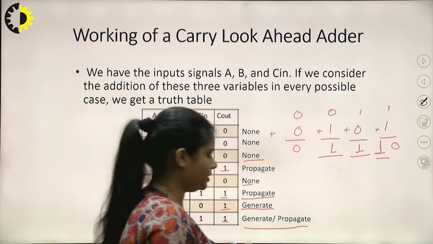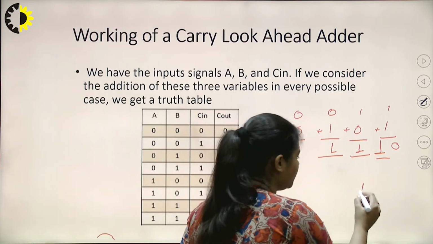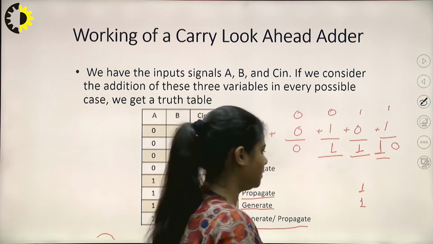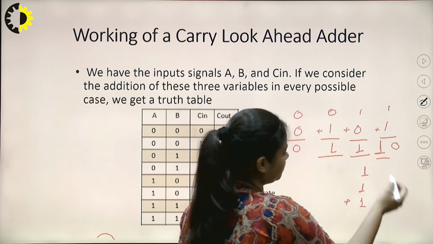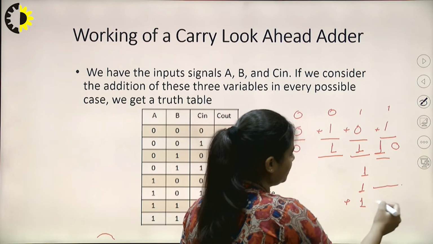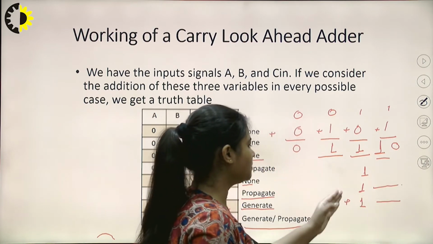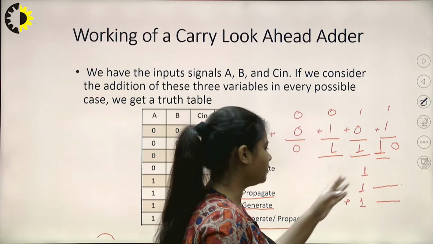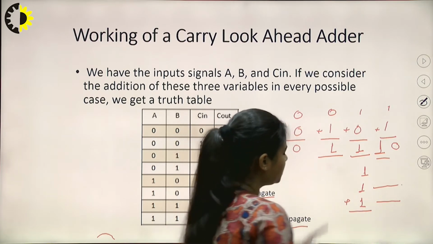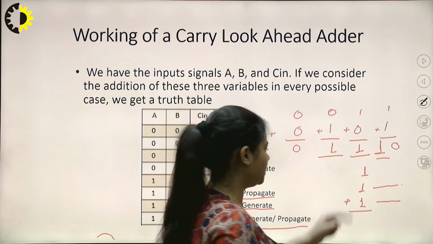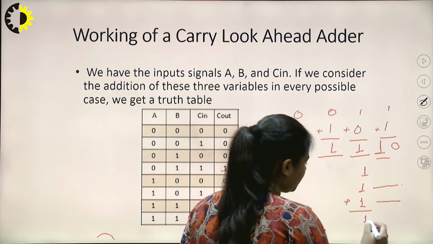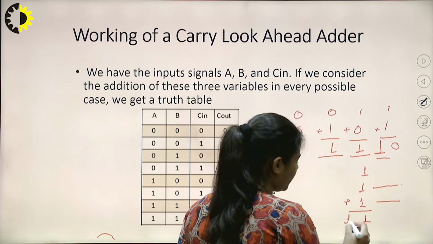But suppose again we are adding 1 and 1, but with some previous carry. Some previous number is forwarding a carry to this number, so this number is generating a carry with a propagated carry. That's why here we also have sum 1 and carry 1.